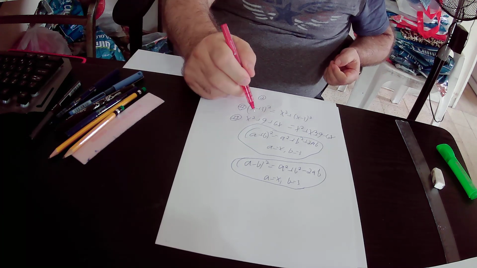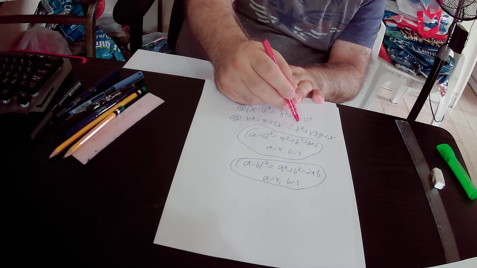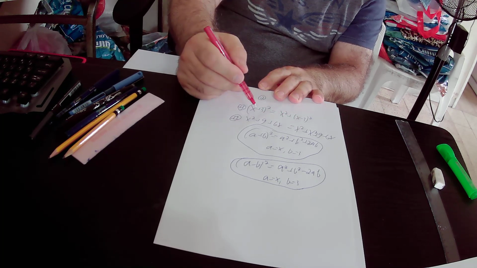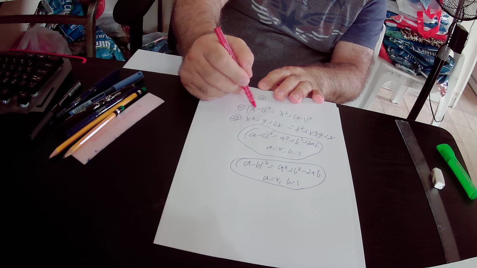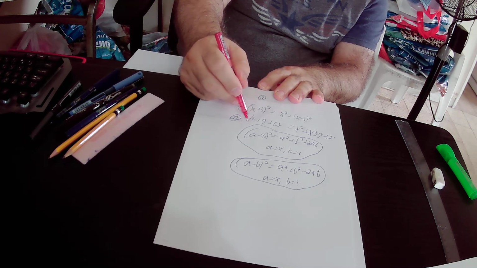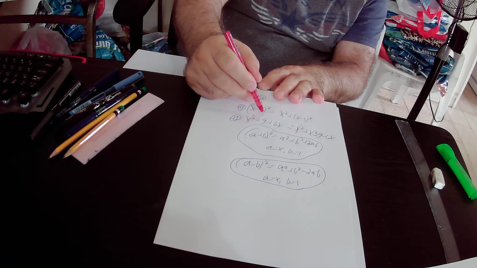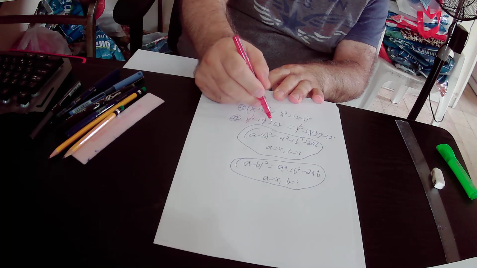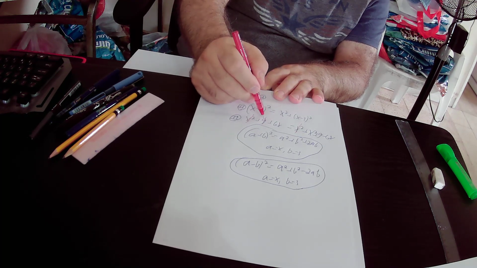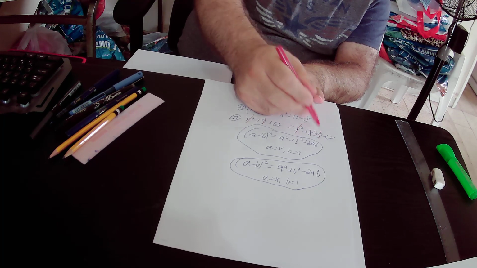Now we have x squared on this side of the equation and x squared on the other side, so we can cancel x squared. We also have 9 on both sides, so we can cancel 9.